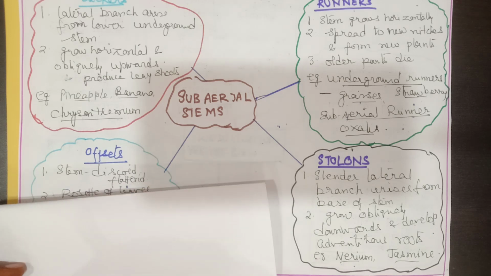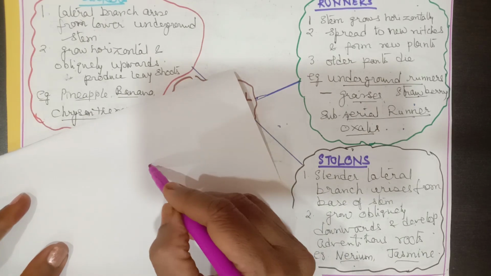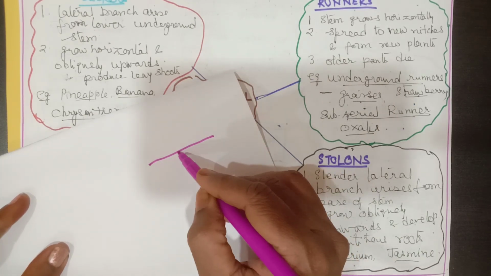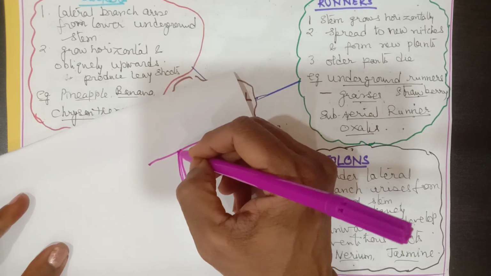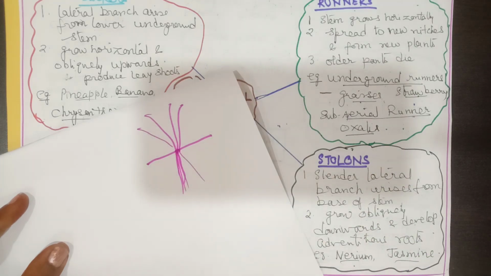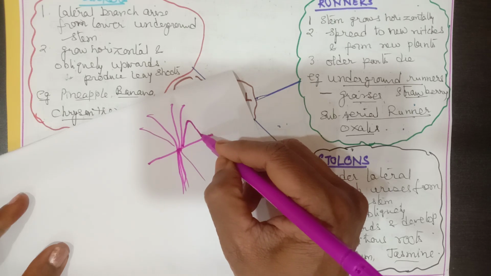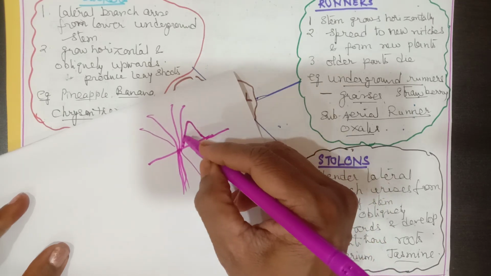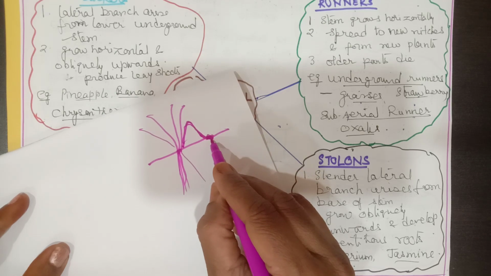Diagrammatically, if we take the stolon, the normal adventitious roots are present, and the branches will arise almost from the surface of the soil, and some of the branches will grow obliquely downwards, bend and touch the soil.